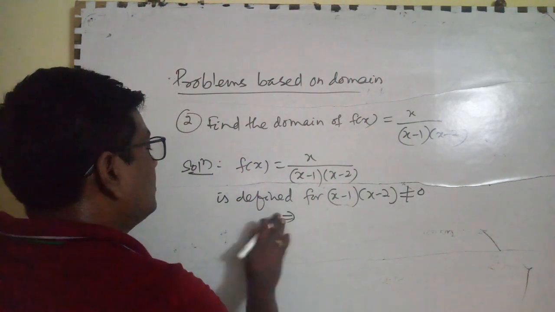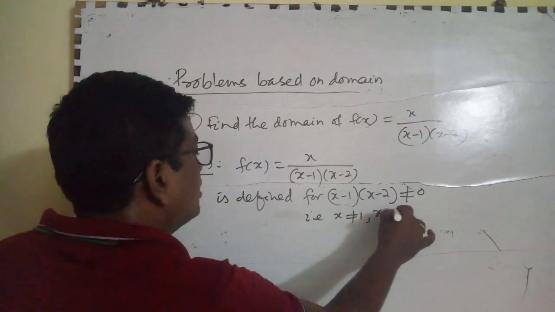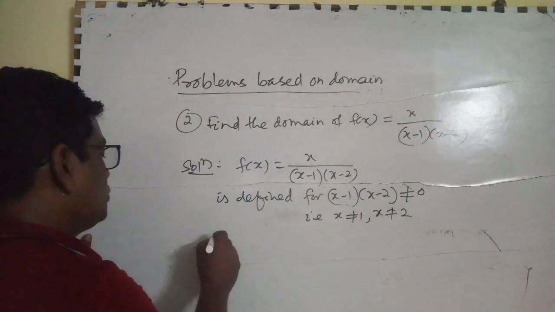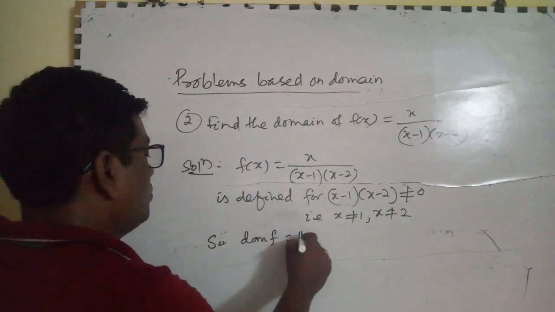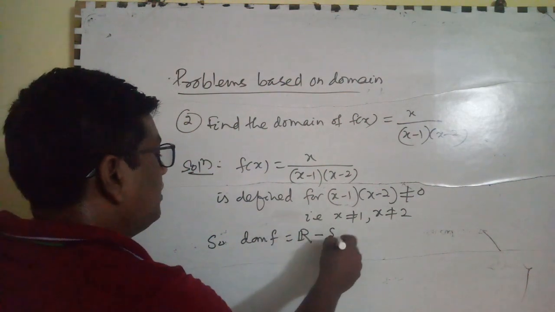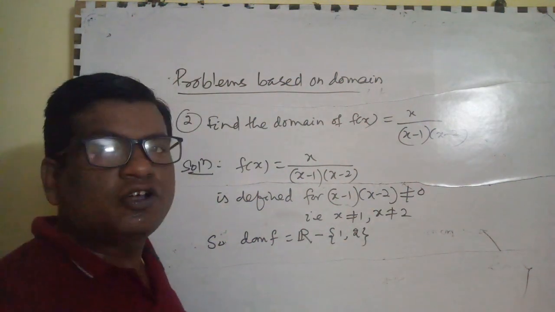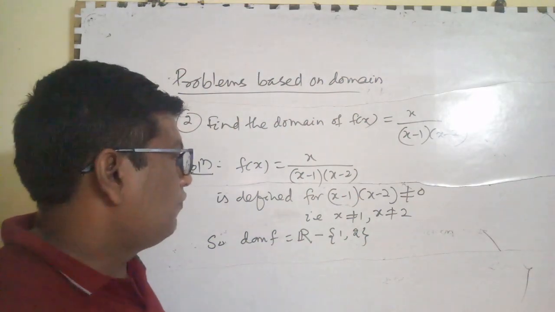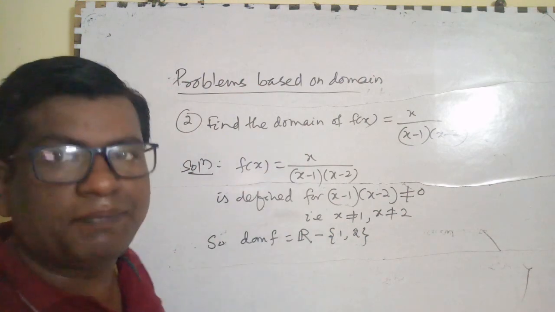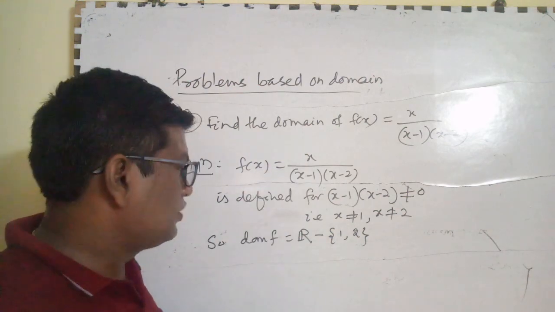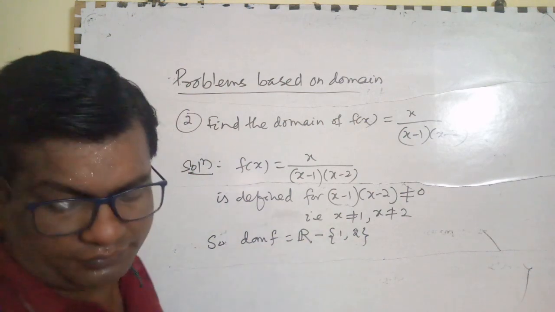That is x not equal to 1, x not equal to 2. So dom f is equal to real numbers except 1, 2. For other values of x, the function is defined. So domain is equal to R minus {1, 2}.